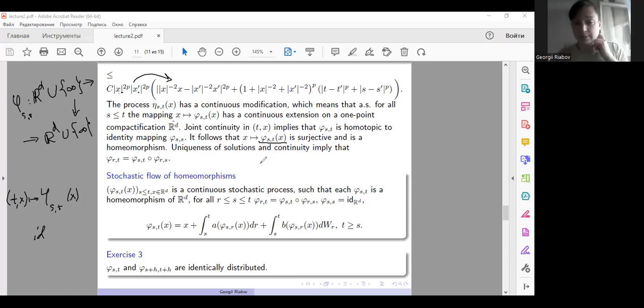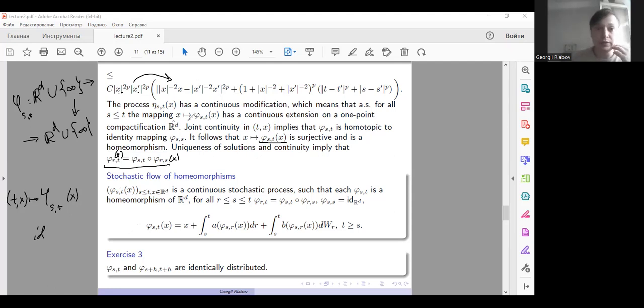As we discussed yesterday, uniqueness of solutions implies that this equality holds for all t, almost surely for all r, s, and x. But since we have continuity, we deduce that the flow property holds for all r, s, t, and x.